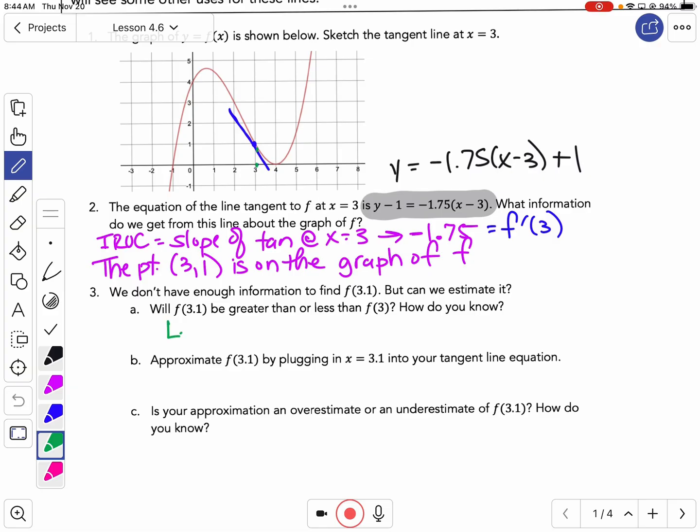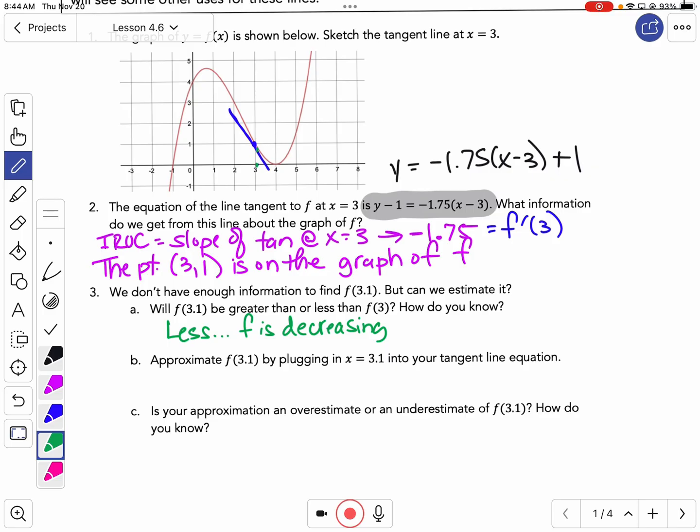How do we know that? Yeah, we can just look at the function itself. What's the function doing from 3 to 3.1? Is it increasing or decreasing? It's decreasing. So it would be less because f is decreasing. Okay, so we don't even have to really know the derivative there. We can look at the function and know that.